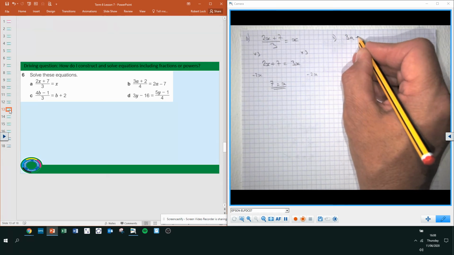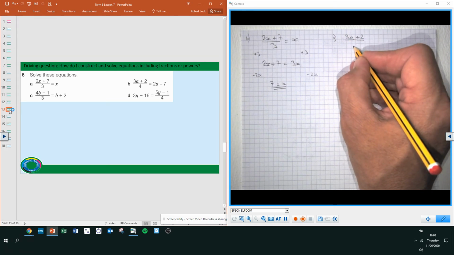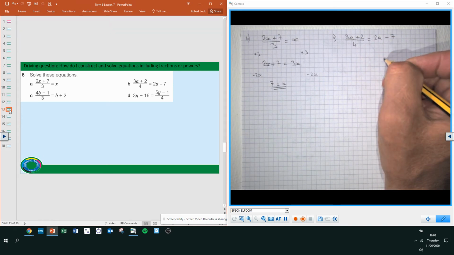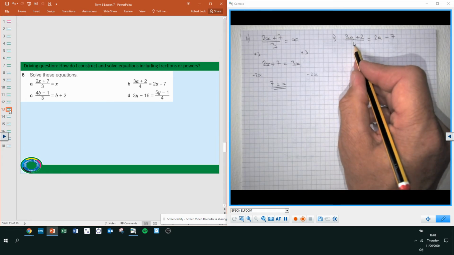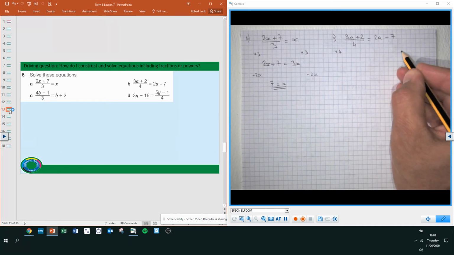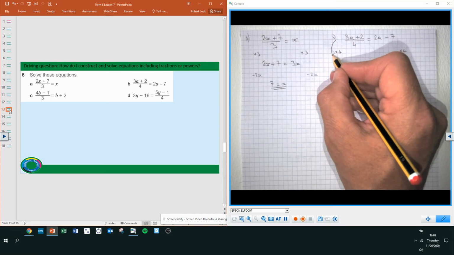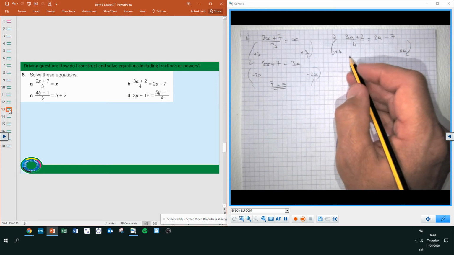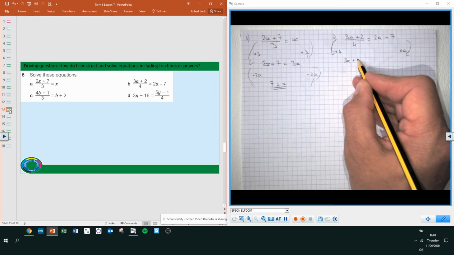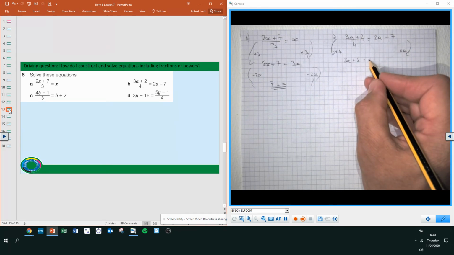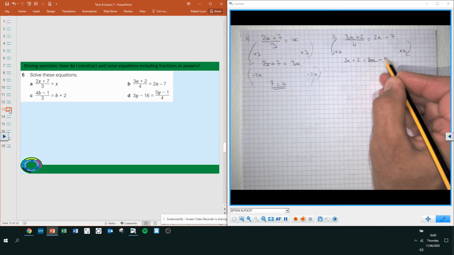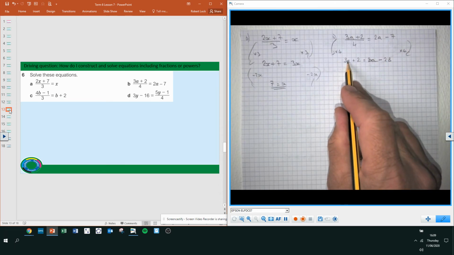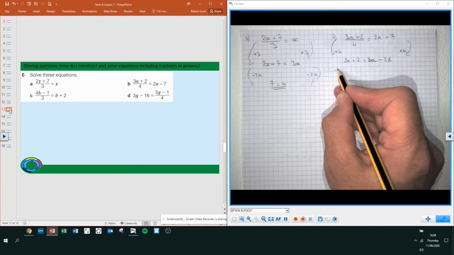3a plus 2 over 4 equals 2a minus 7. So first of all, let's times everything by 4 to get rid of divide by 4. So 3a plus 2 equals 2a times 4 is 8a, minus 7 times 4 is 28. So 3a, take away 3a on both sides.